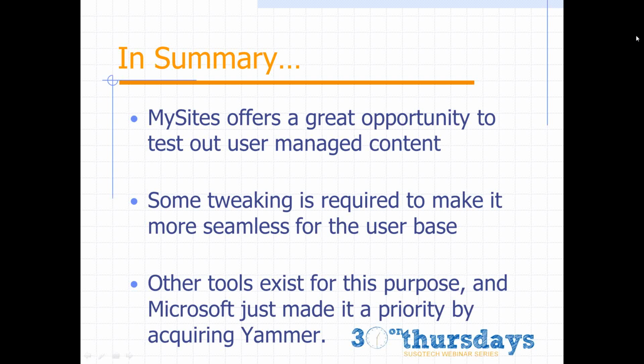Okay. Another question is, are tags searchable by others, and can you show an example? Yes, tags are searchable. Let's see, I'm trying to think of the best site that will get me the best results for you.